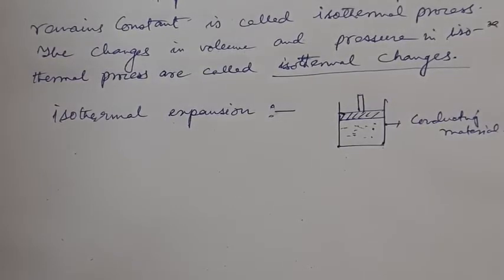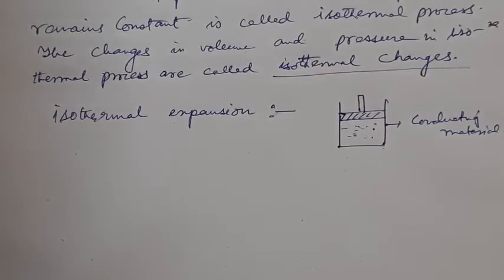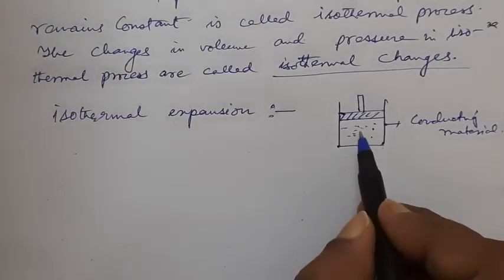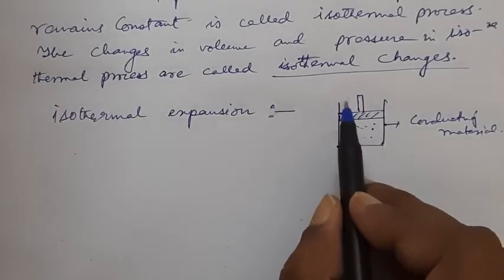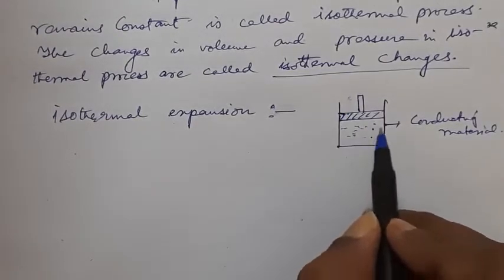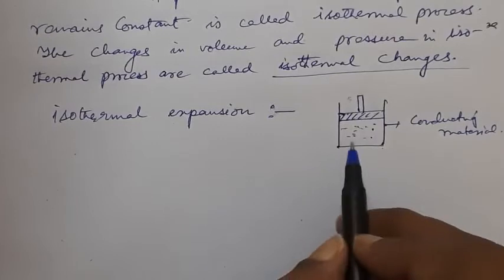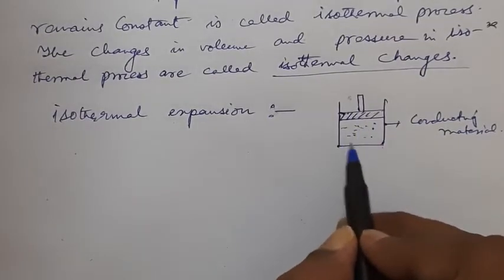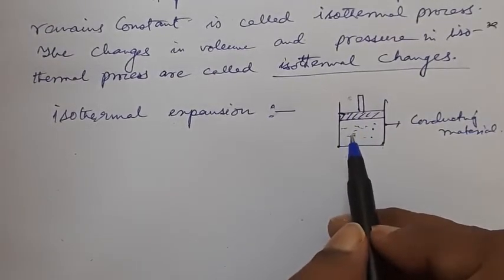Now if the gas expands very slowly, an external work is done. I repeat, if a gas expands very slowly, an external work is done by the gas. So if this piston has to move upwards, the gas enclosed will have to do work. If the gas does work, that means energy is expended by the gas.